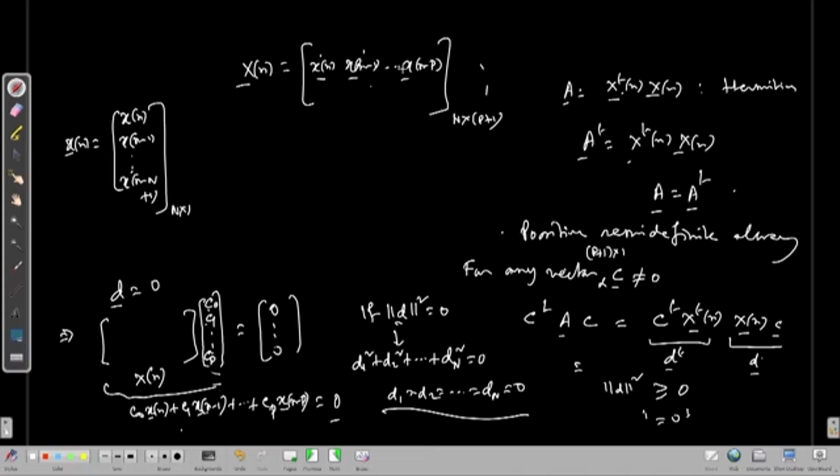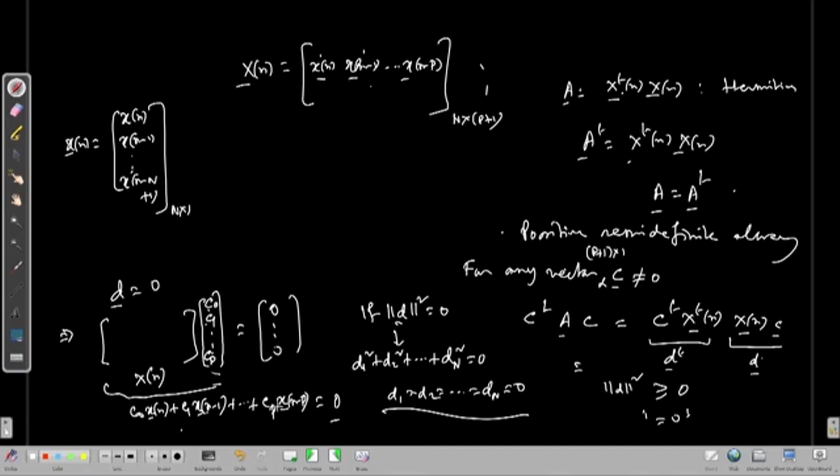So d cannot be 0, because the moment d is 0, it implies the columns are linearly dependent. That is something we can say won't occur, because the data is purely randomly fluctuating and independent.